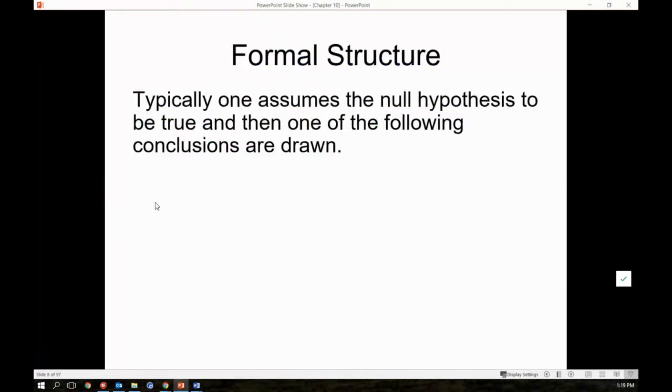So the formal structure. Typically, one assumes the null hypothesis to be true, and then one of the following conclusions is drawn.